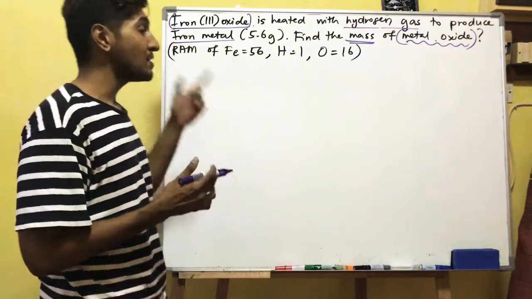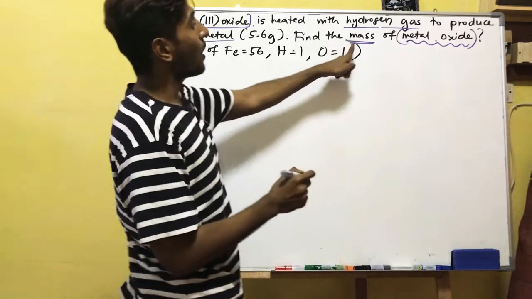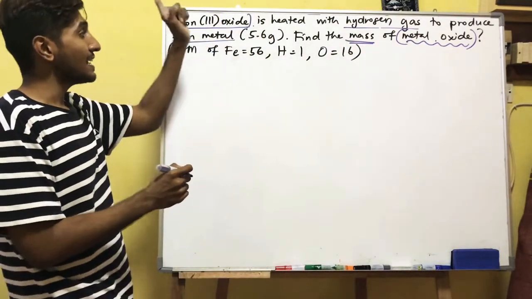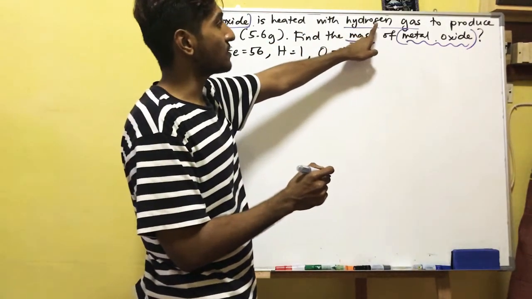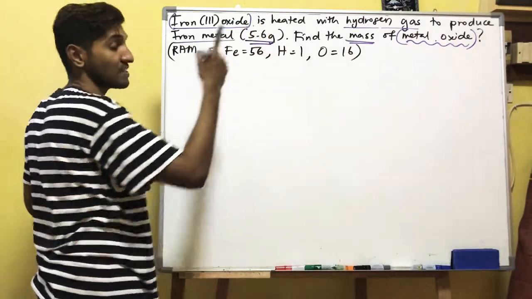Itu yang ditanya. So sekarang the question is asking what is the mass of the metal oxide, which is the iron trioxide, if after reacting with hydrogen gas produces iron metal as much as 5.6 gram.